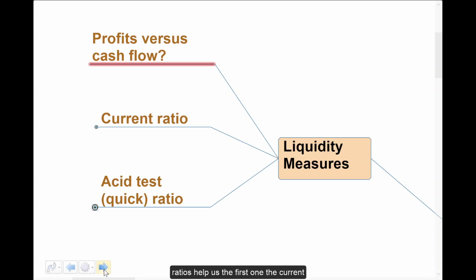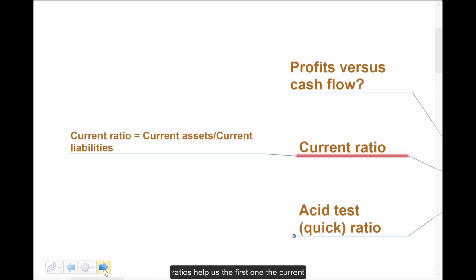These ratios help us. The first one, the current ratio, is very, very simple to calculate. Just current assets divided by current liabilities. We know where they are in the statement of financial position. What's the importance of this ratio? Well, think about it. With your current assets, this is your ability in the short term.